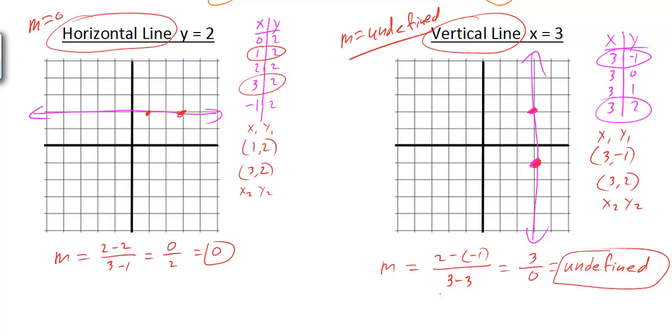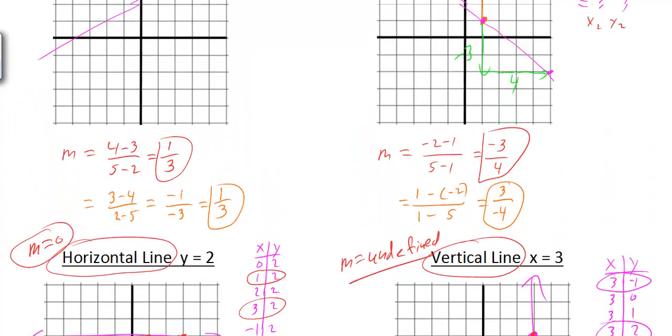So you really won't have to go through all these steps. I'm just trying to show you mathematically why the slope is undefined when your line is vertical, and why your slope over here is equal to 0 when your line is horizontal.